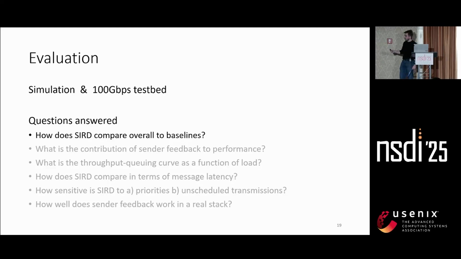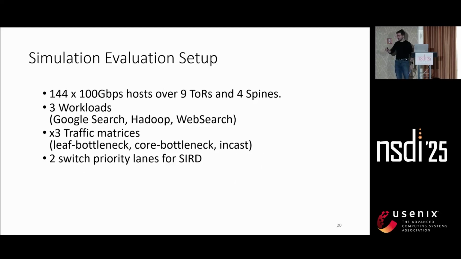So we evaluated SIRD in detail using both simulation and a 100 gigabit testbed. And we answer many questions in the paper, and I invite you to check them out. For now, I'll just show you how SIRD compares overall to other baselines. So we use a 144 host topology, and we simulate 3 workloads over 3 different traffic matrices, including one where the core is the bottleneck.